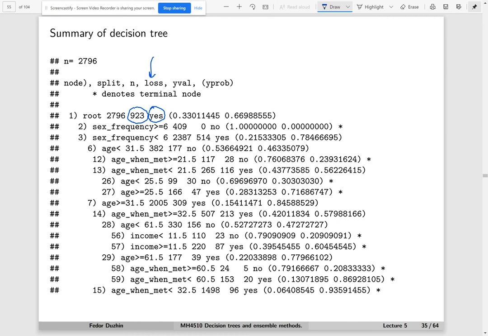It means that yes is the most probable class for the root, and therefore this is yes and this is no. So the probability vector is the probability of no followed by probability of yes. For this particular data set, it just shows the order, so no, then yes.